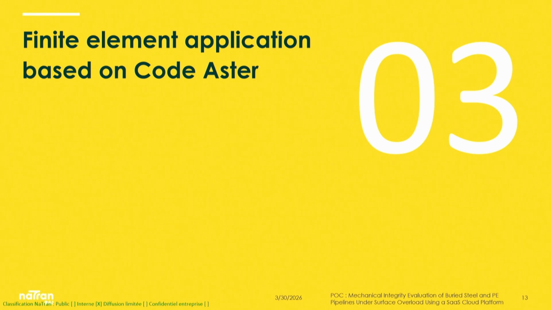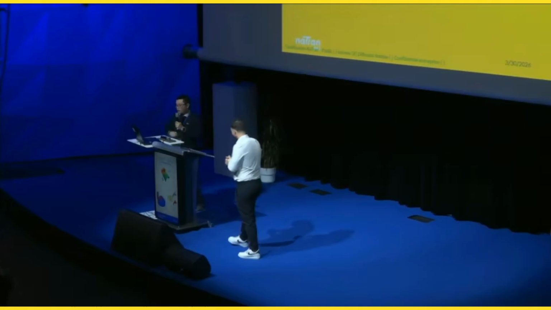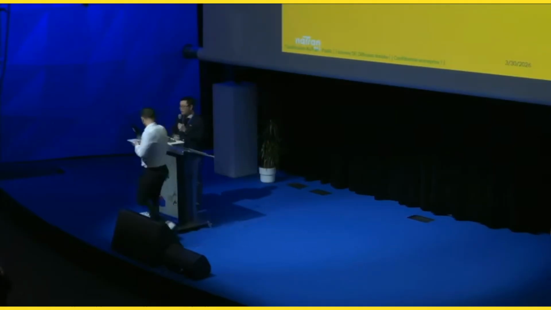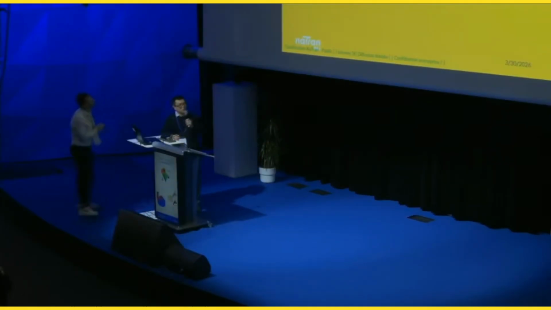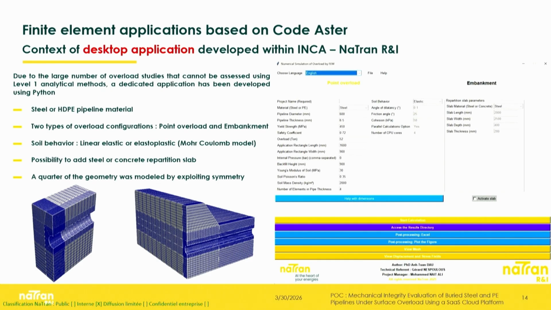Hello, my name is Anh-Tuan. I will show you simulation tools at Natran that are built with Code_Aster. For complex overload cases that cannot be handled with the simple analytical model in the Ramses platform, a desktop tool was developed at Natran R&I using Salome-Meca.